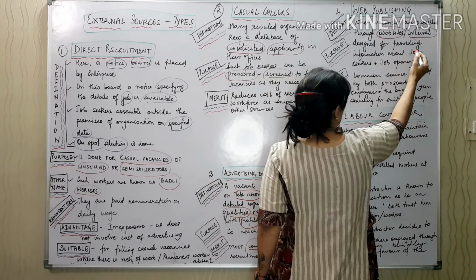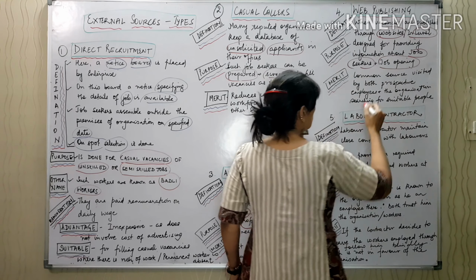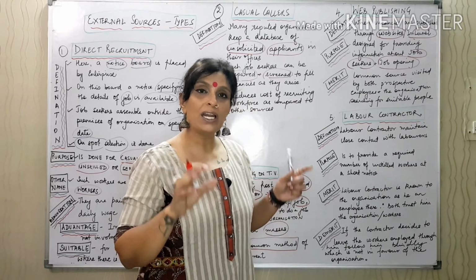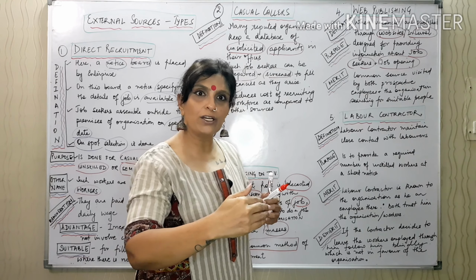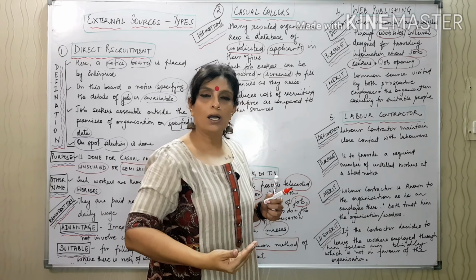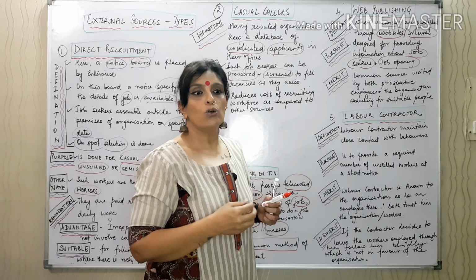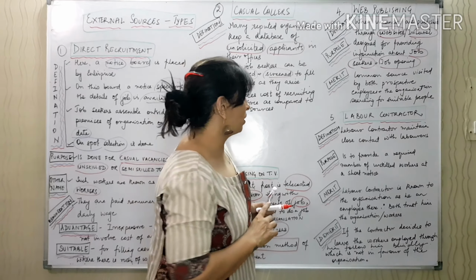It is designed for providing information about job seekers and job openings. So the job opening is clearly given on that particular website or portal, or where you have created your own online website. So what you can do is, you can write the details of the job and people can apply for it accordingly.